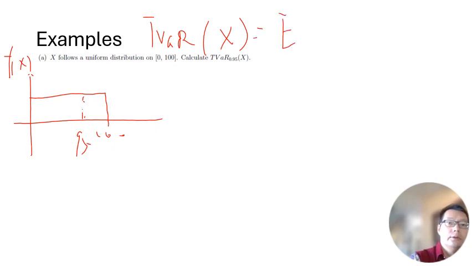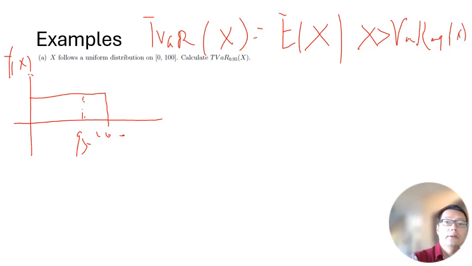According to the definition, it's x given x greater than VAR 0.95 of x. And there are a few ways to calculate this. Because this is a uniform distribution, it really is asking what's the average of x given that x is greater than 95.